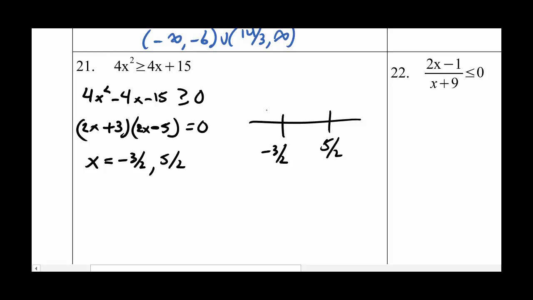So for example, if I go something like negative 2, or something like 0, or something like, let's see, 5/2 is 2.5, so if I pick 3, right, what's this polynomial doing at those test points? Okay, so I'm going to evaluate this factored form of 2x plus 3 and 2x minus 5 at those test numbers.